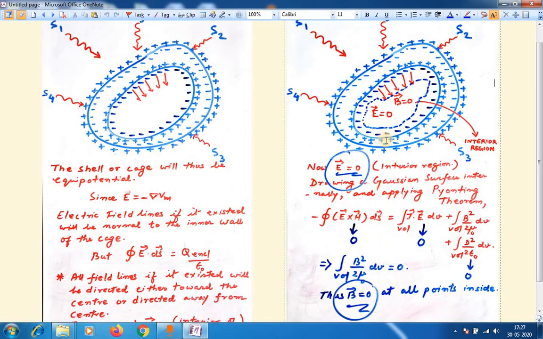And that's all. We have proved that the electric and magnetic fields inside a conducting shell are zero.